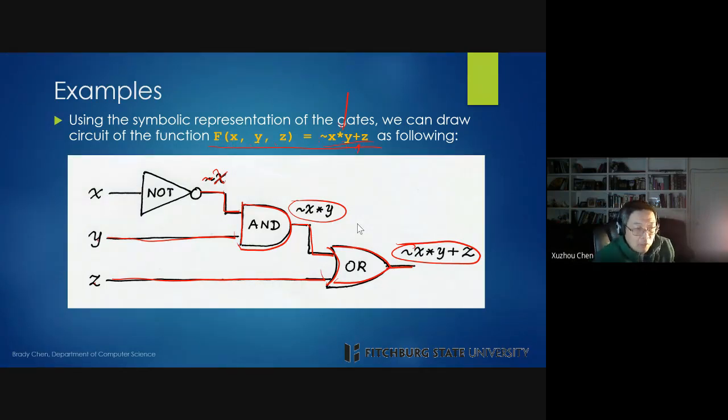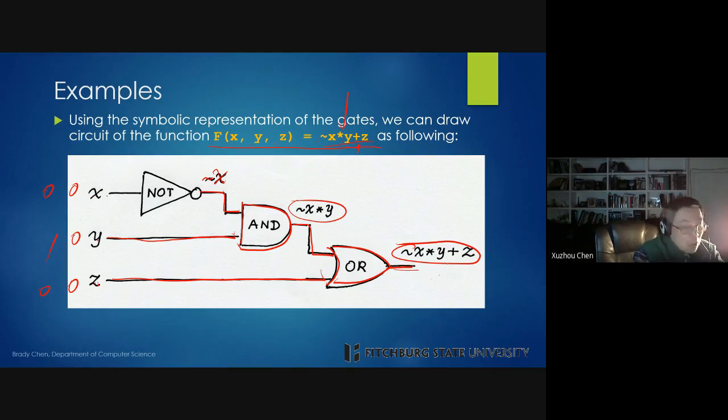So how to simulate this? The truth table now becomes all zero, which basically means there's no electrical flow. With 0, 1, 0, that means there's no electrical flow in x and z. There's electrical flow in y. And then you can calculate what the output is.